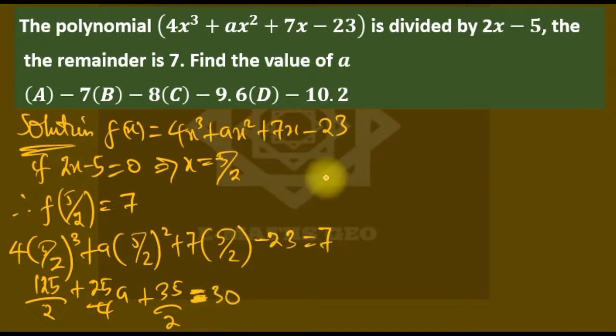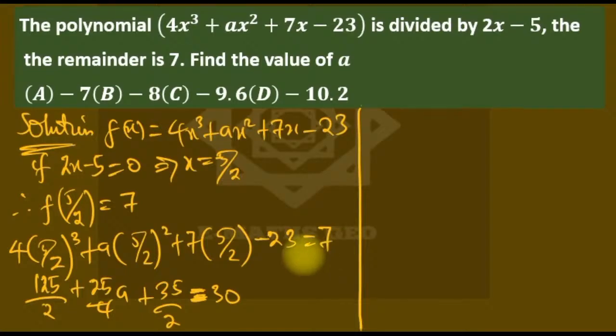So let's clear the fraction by multiplying by their LCM. The LCM of 2, 4 and 1 is 4. So 4 times 125 over 2 is 250, while 25a over 4 times 4 is 25a.